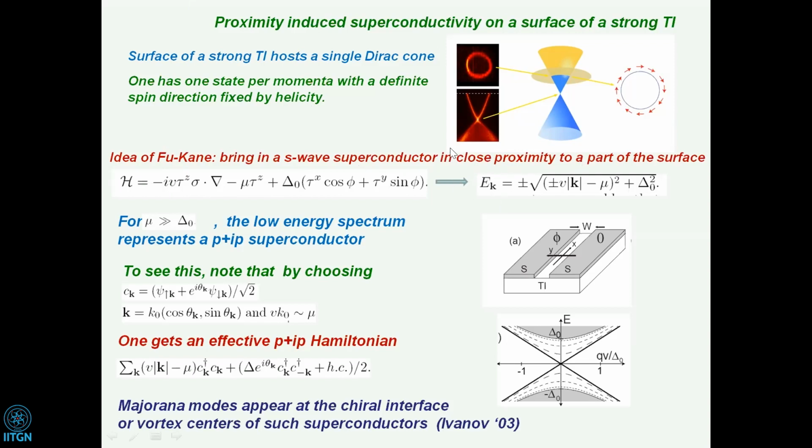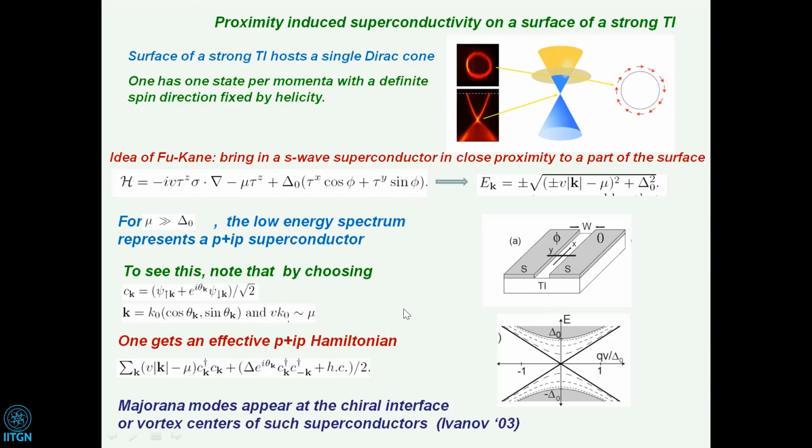Now, Fu and Kane pointed that out, and then they showed that if they bring an s-wave superconductor in close proximity to a part of this topological insulator, here, see this S, then this is equivalent, and this is a complicated calculation which I am not going to get into, what they found out is that the effective theory for such a system mimics a p plus ip Hamiltonian.